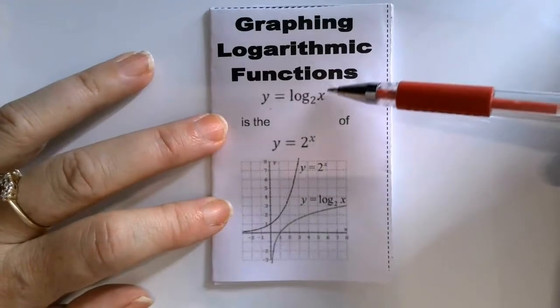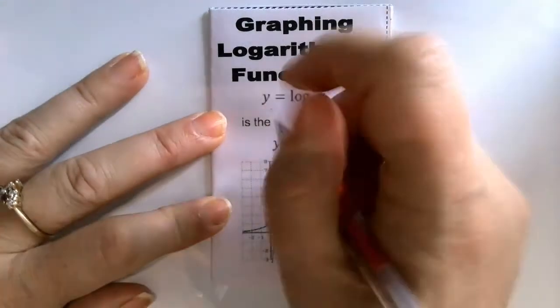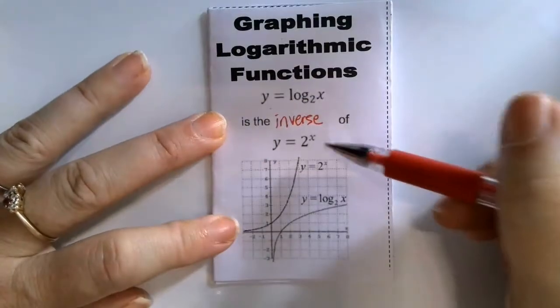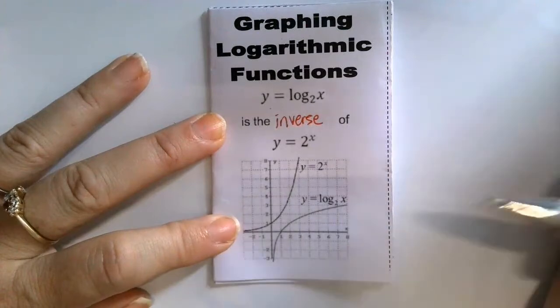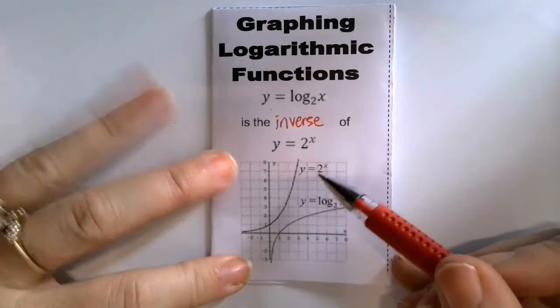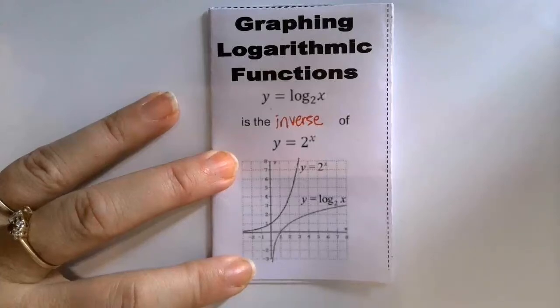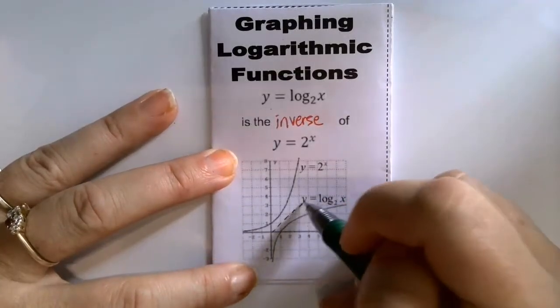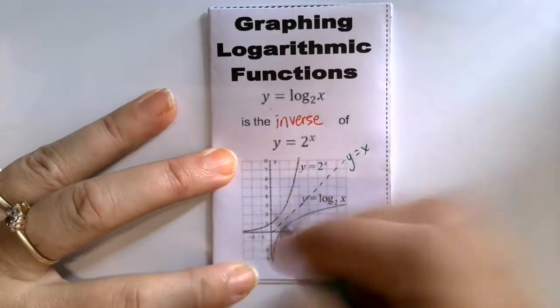So in the lab we learned that log base 2 of x is the inverse of the exponential function y equals 2 to the x. In the graph that we see here, recall that inverse functions are a reflection over the diagonal line y equals x.